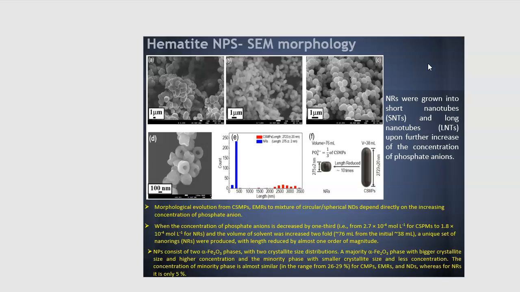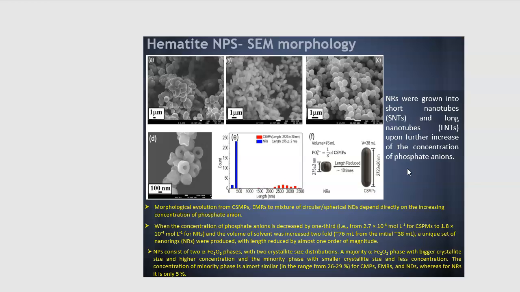We observed that when the concentration of phosphate anion is decreased, as in figure D, and at the same time the volume of the solvent is almost doubled, we obtained a unique set of nanorings.